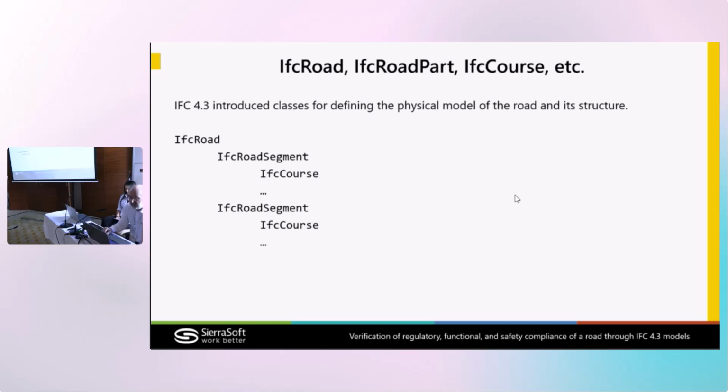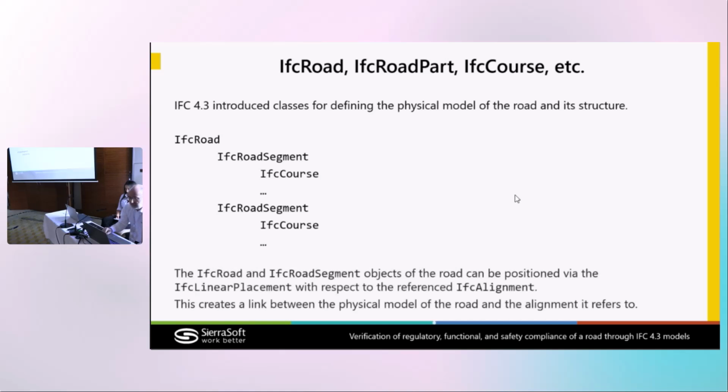We have IFC road segment, and IFC course, and etc. The IFC road and IFC road segment objects of the road can be positioned via the IFC linear placement with respect to the referenced IFC alignment. This creates a link between the physical model of the road and the alignment it refers to.